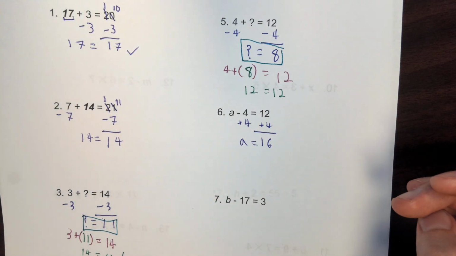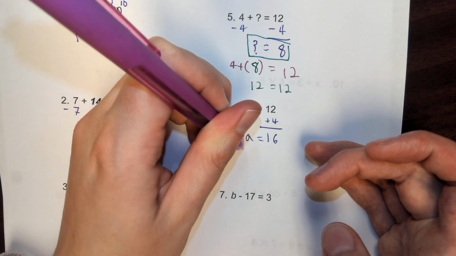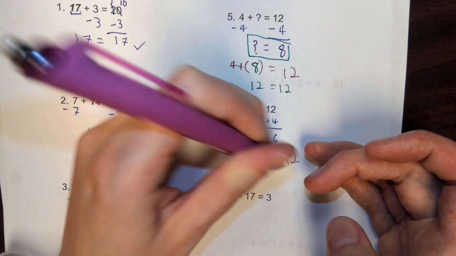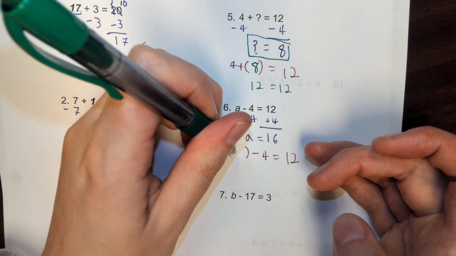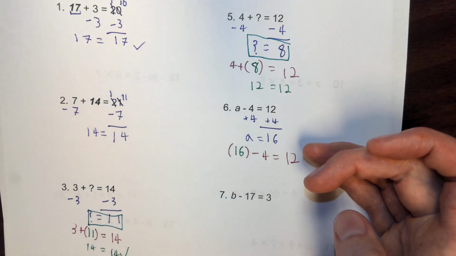Now, just because it's subtraction doesn't mean that we're not going to check it. So let's go ahead and check it. We have blank minus 4 equals 12. And we are going to plug in our number, which is 16. Does 16 minus 4 equal 12?